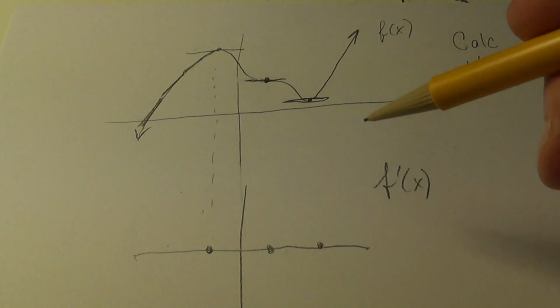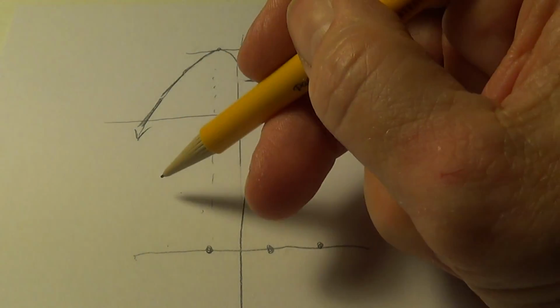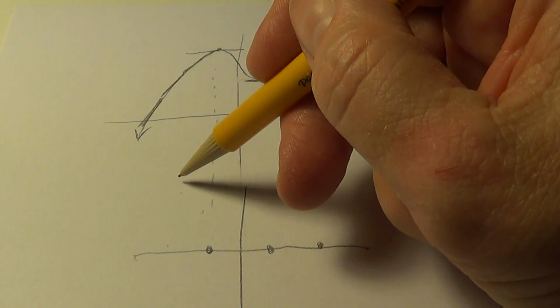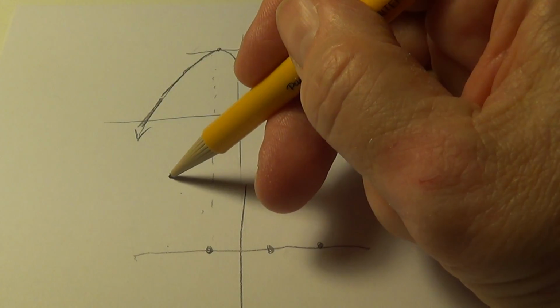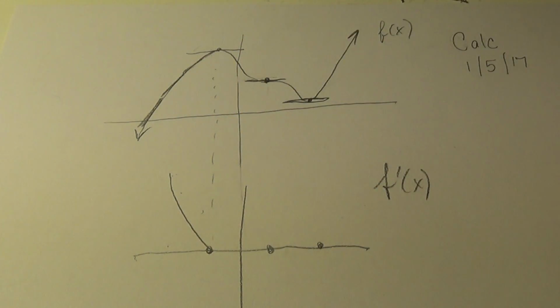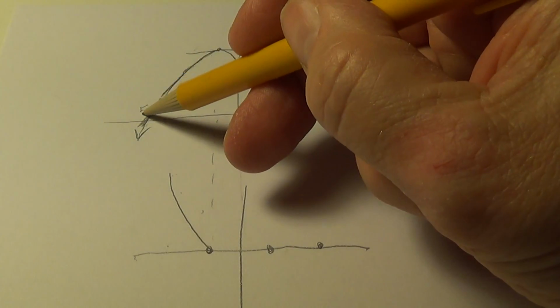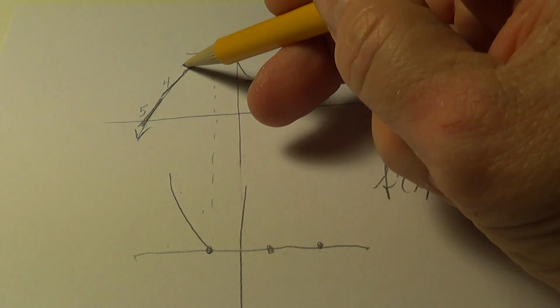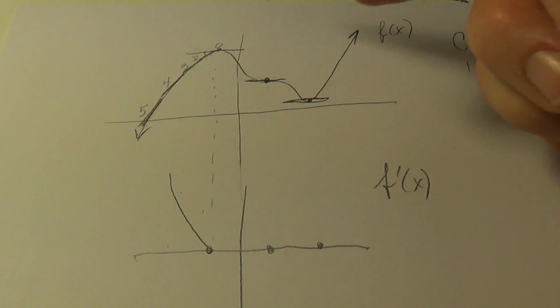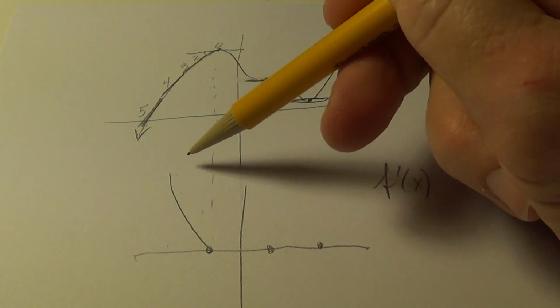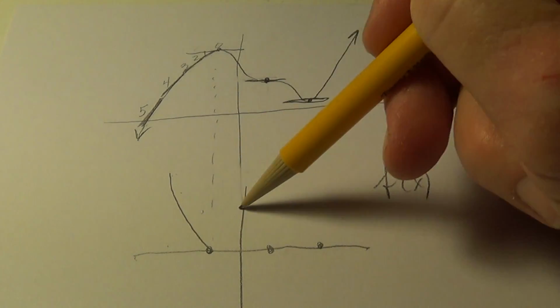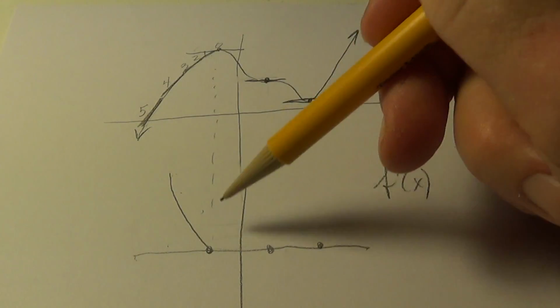So I'm going to draw a number that is positive, starts high, and then goes to 0. So that is what I see the slope doing. So maybe this is a slope of 5, 4, 3, 2, 1, 0. So this represents these numbers 5, 4, 3, 2, 1, 0.